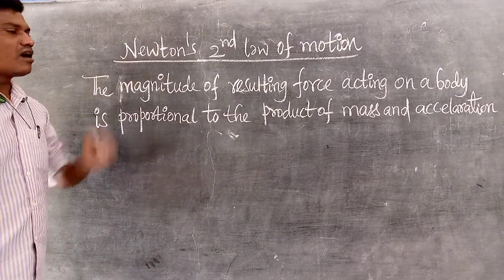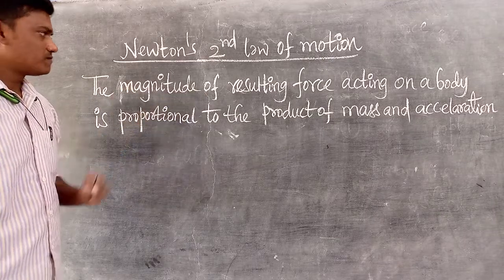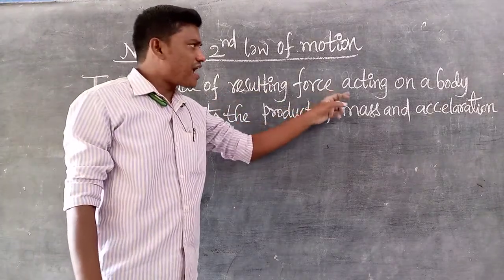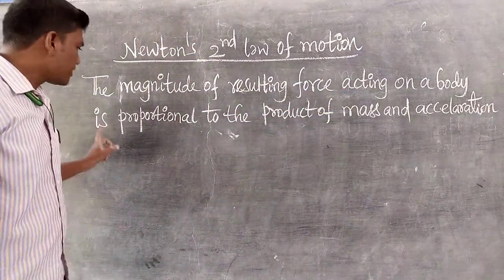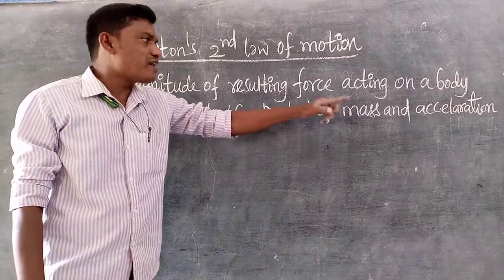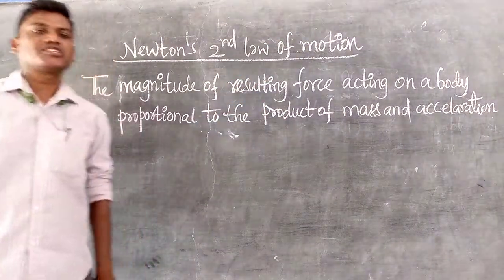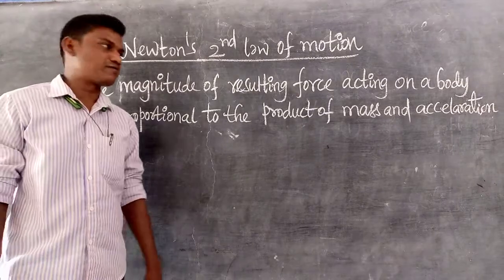Newton's second law of motion states that the magnitude of the resulting force acting on a body is directly proportional to the product of mass and acceleration, and the force acts along the direction of acceleration. Listen very carefully.